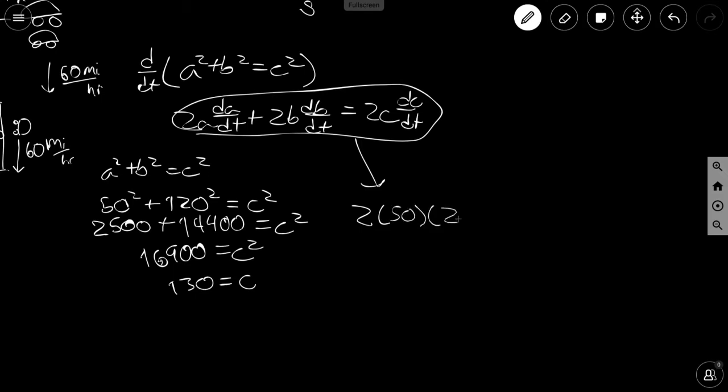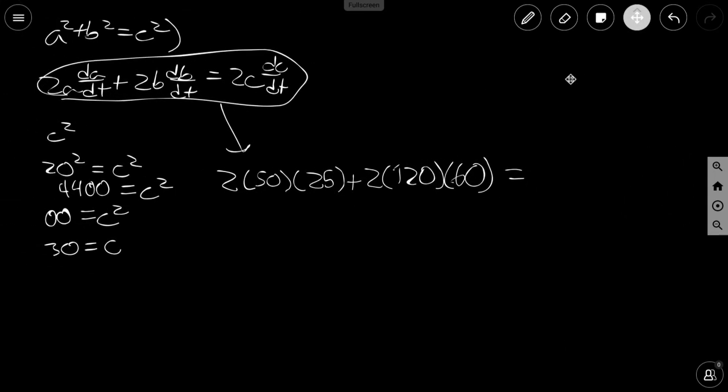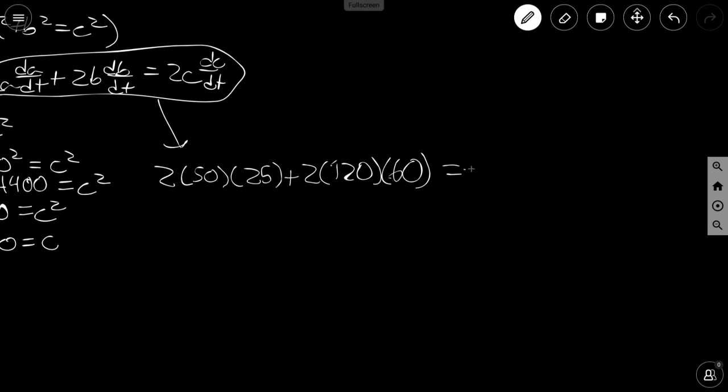The value we're given for dA is 25. The value we found for b is 120. dB is given as 60. And the value that we found for c was 30.